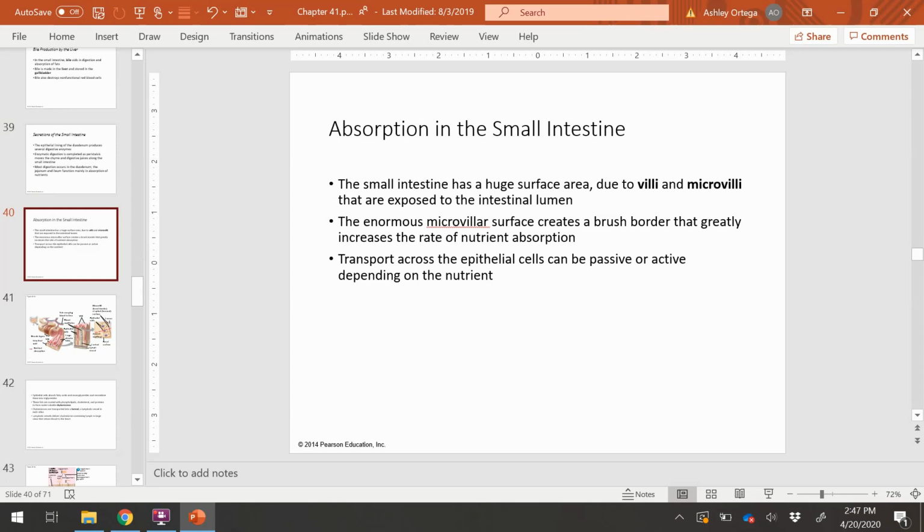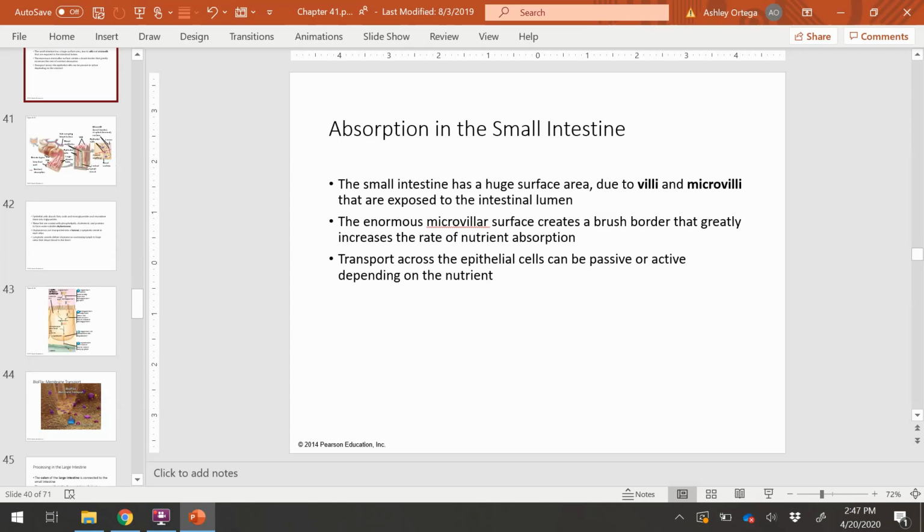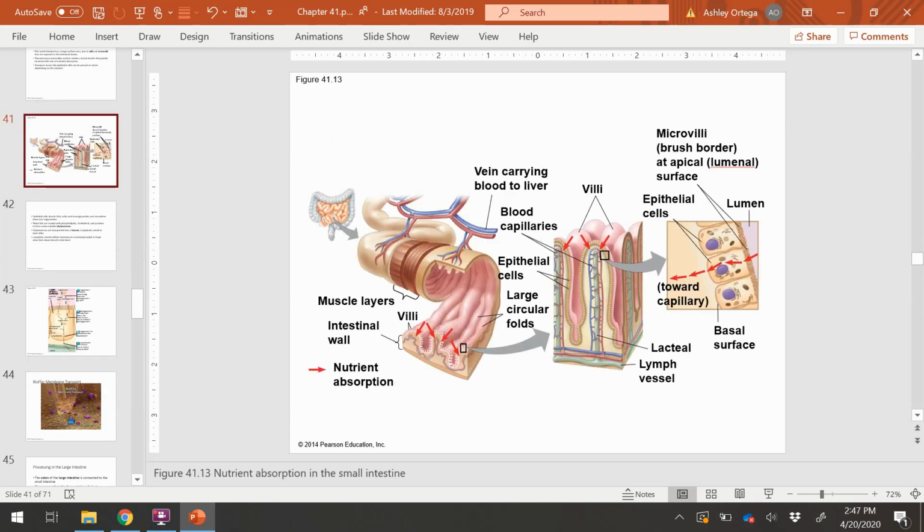The actual transport into the cells can be a passive transport or an active transport, and it depends on the nutrient, and that's something we won't really look at in this chapter. But overall here you can see the structure of the small intestine. It has different muscle layers shown here to help move that food along.